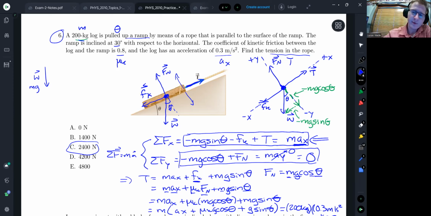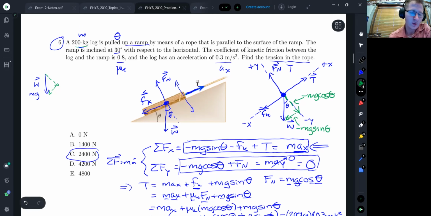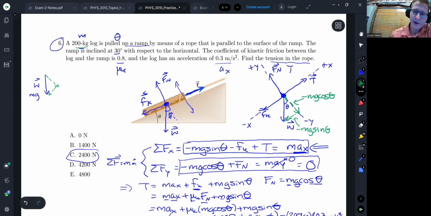But we can talk about, for instance, components of this vector along a certain axis. In this one, we chose perpendicular to the ramp and along the ramp as our two axes. So we might draw in these components, but if we had chosen different axes, we'd have different components.